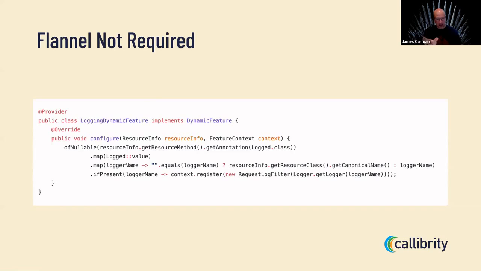When you pass in the thing to this method, it spits out an Optional object. If that's null, it short circuits all of this logic. But if it's not null, then it'll go through the .map. After it goes through .map, we're saying, okay, get the value off the annotation, and create a logger object using that name. And if it's still present at that time, I use the logger, the request log filter.